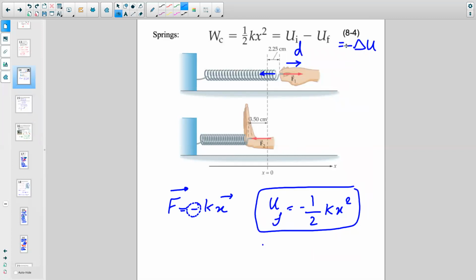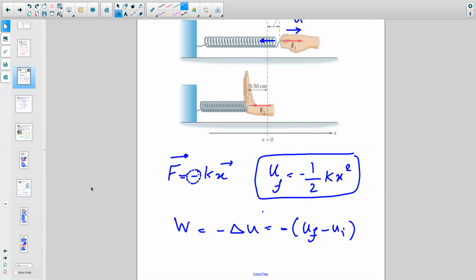So work here is negative delta U, and U is half kx squared, so negative U final minus U initial, and that's what it is. So just keep that in mind.